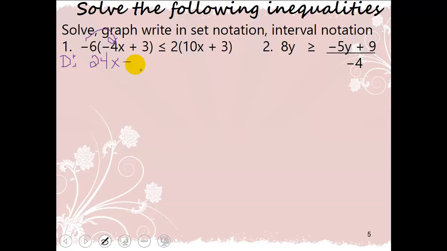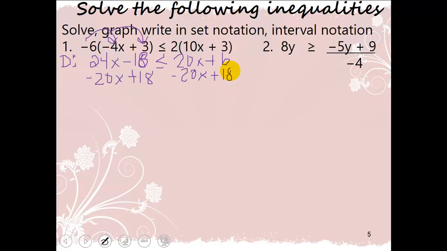24x minus 18. That's the distribution property. There we go. 20x plus 6. Now I'm going to subtract 20x. And I'm going to add 18.